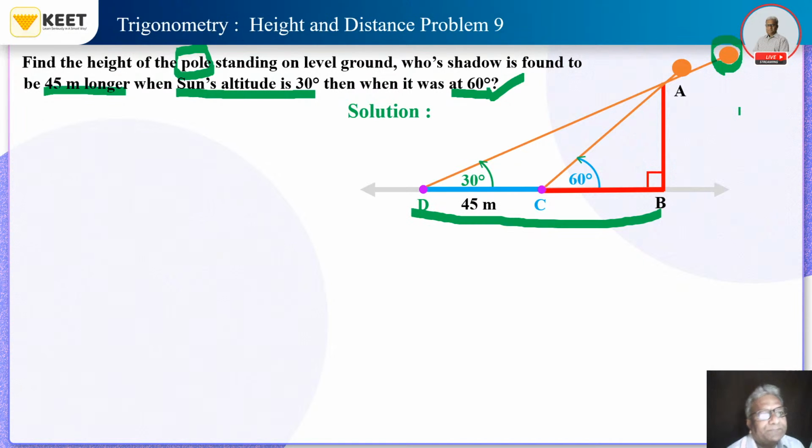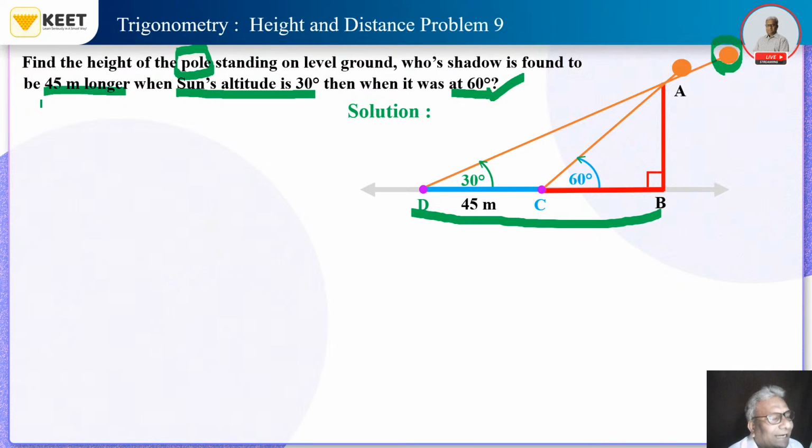Now try to understand the language which is used. Shadow is found to be 45 meters longer. So compared to this BC, when the angle of the sun becomes 30 degrees, the shadow's length is increased by 45 meters.